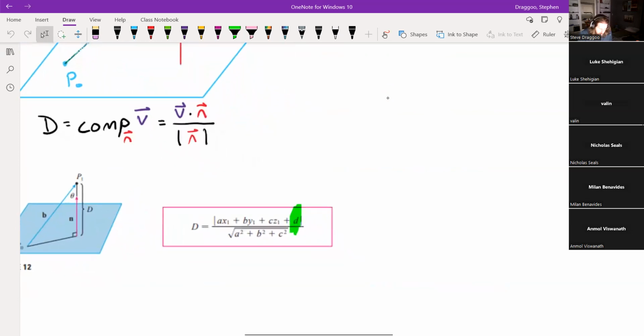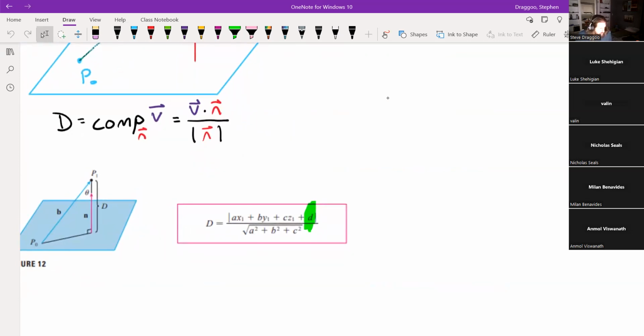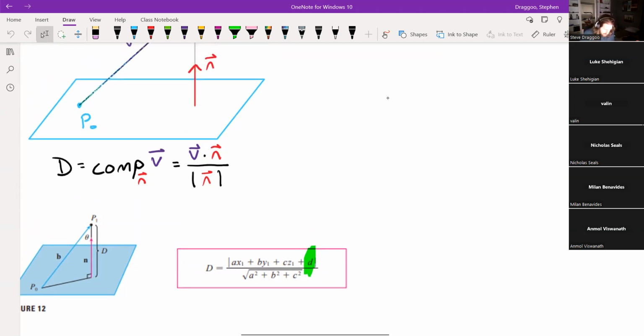So this formula right here, D equals this whole thing, is a formula that you could just go to and come up with a value that's maybe a bit faster than the method that I just detailed. However, the part that I mentioned moments ago was that maybe you lose some of the conceptual understanding if you just plug into the formula, which is why I spent all the time going over the explanation I did.